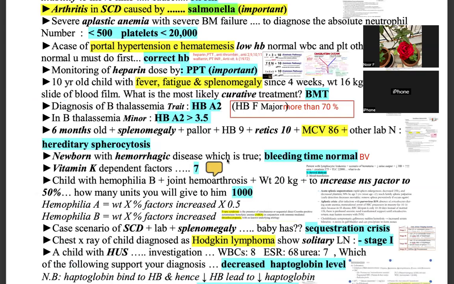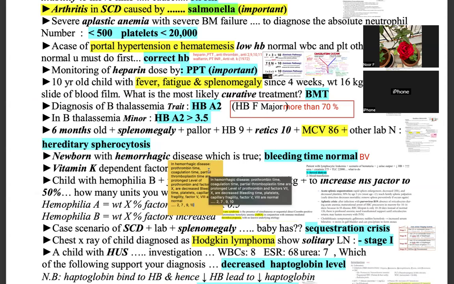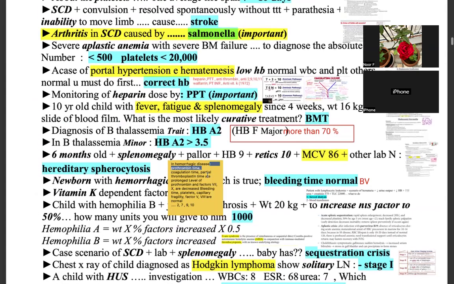Again, newborn with hemorrhagic disease, which is true. Bleeding time is normal. But here he has not given us the explanation. So vitamin K dependent factor, he has written 7. In hemorrhagic disease, prothrombin time, coagulation time, and partial thromboplastin time are prolonged.